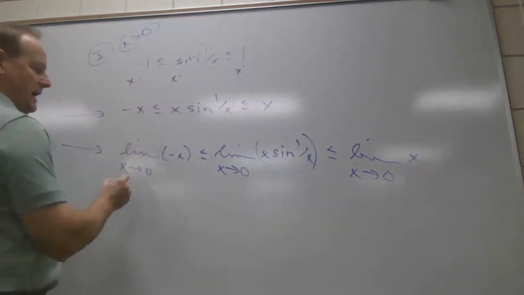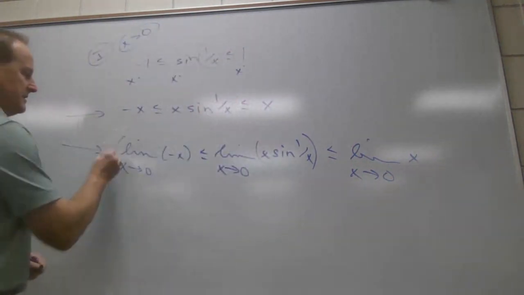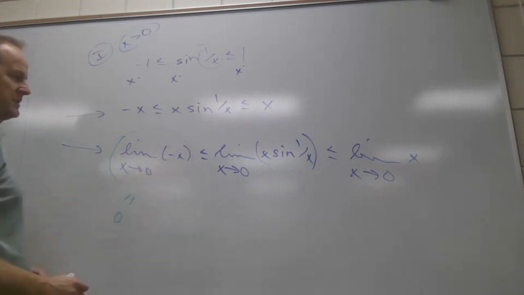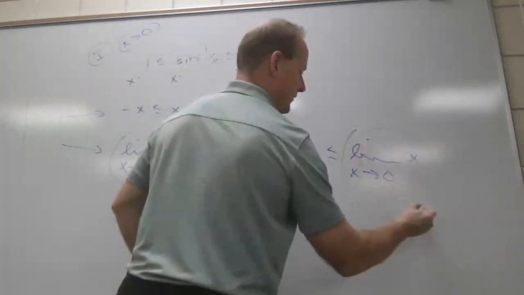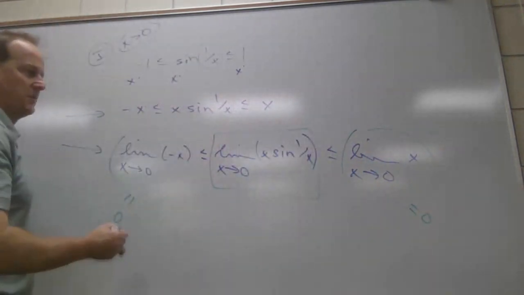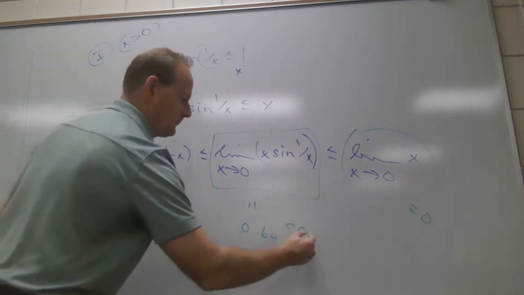Well, here's what I know. The one on the left is a polynomial, or a line, so I can just plug it in. So this equals 0, and this one equals 0. So what do I know about the one in the middle, which is the one I was looking for? This equals 0 by the squeeze theorem.